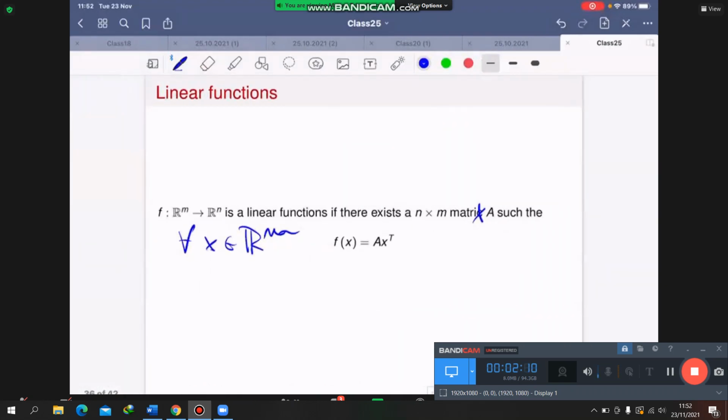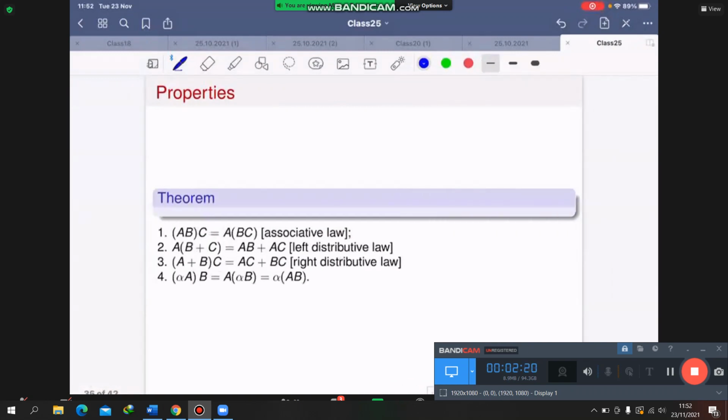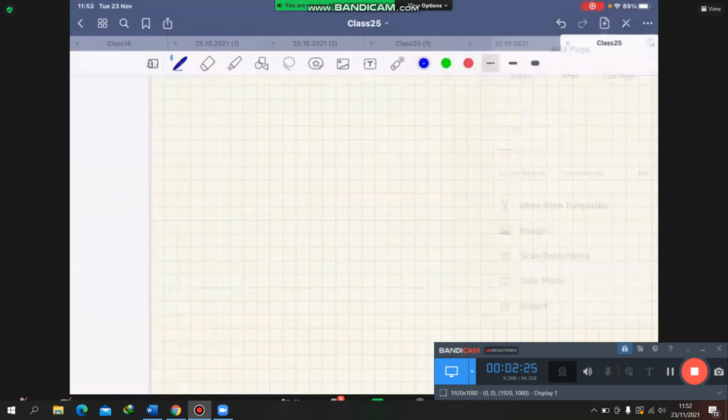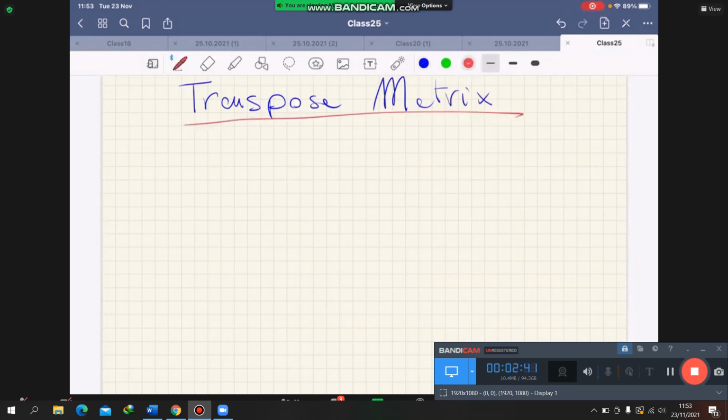And what is this symbol T? Oh, let me go back one step. So I can do it now. Transpose matrix, which is as simple as it comes, but it's something that you have to know.